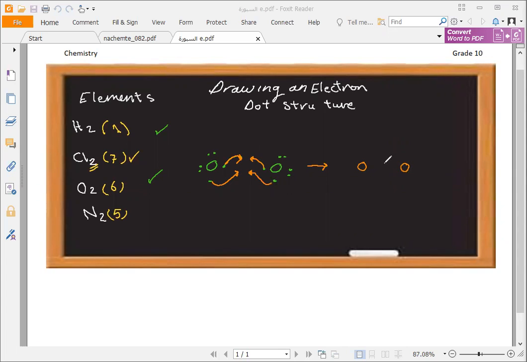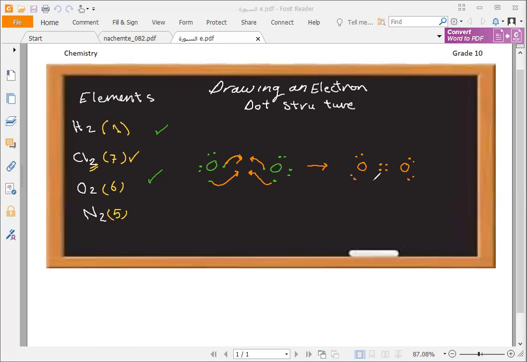We have here 4 electrons, 2 pairs of electrons, and the rest, the valence electrons, like this.